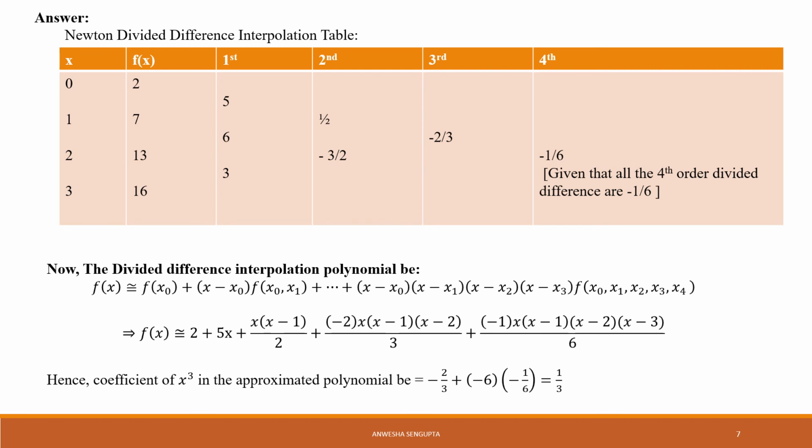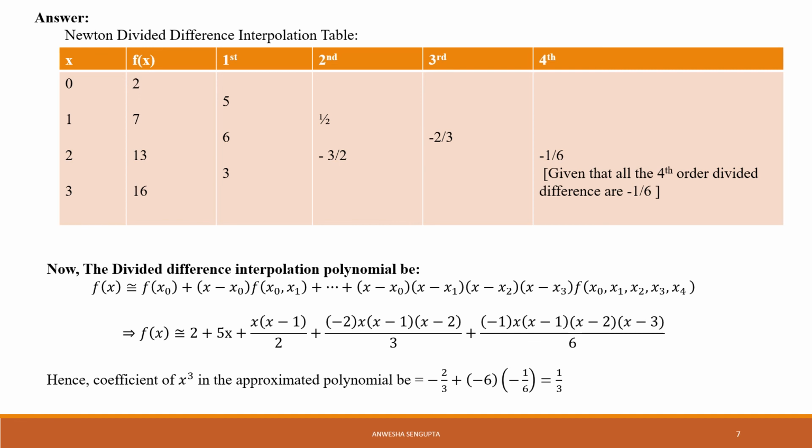So f(x) is approximated by 2 plus 5x plus x(x minus 1) by 2 plus minus 2 into (x minus 1)(x minus 2) by 3 plus minus 1 into (x minus 1)(x minus 2)(x minus 3) by 6.